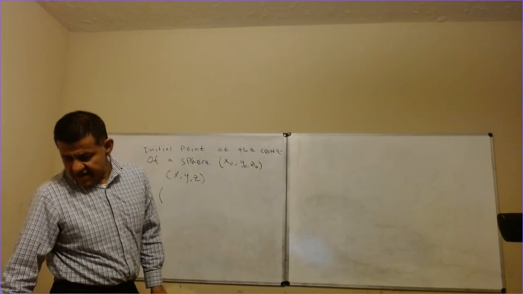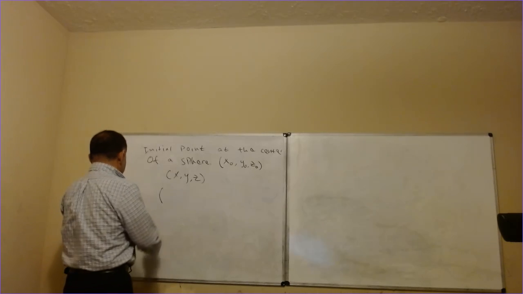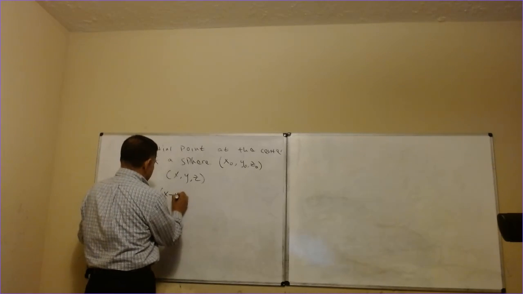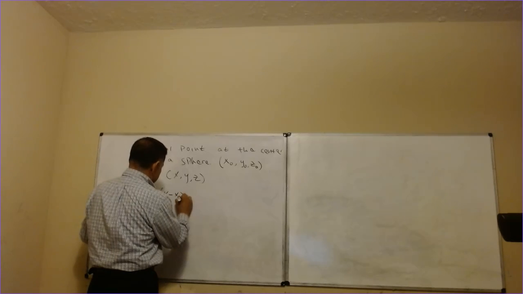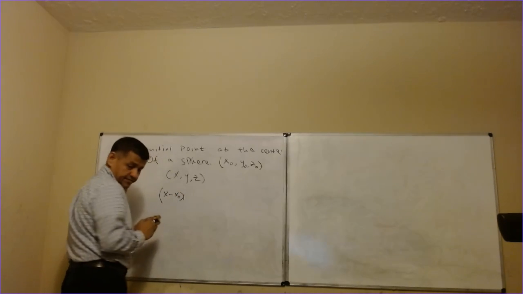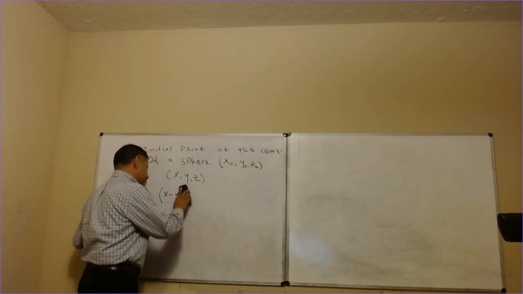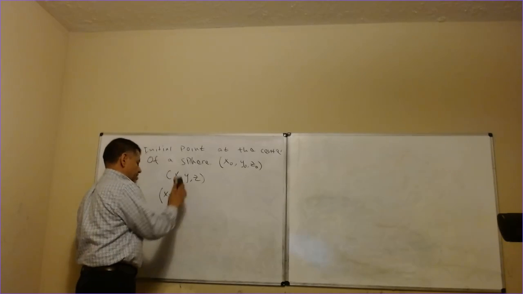So the formula for that is simply x minus x naught, squared. Everything is squared.